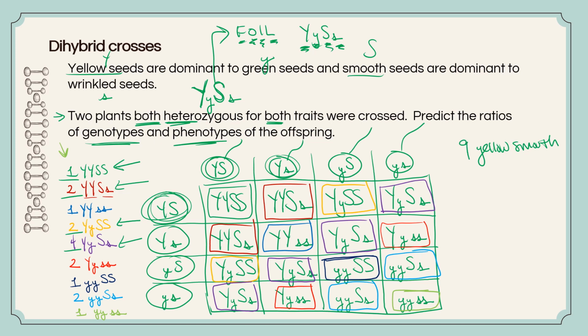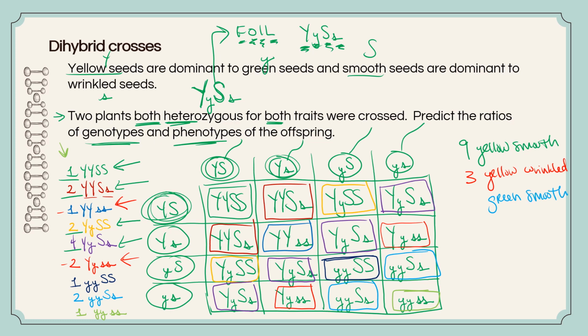Let's figure out how many are going to be dominant yellow, but then recessive wrinkled. So here, dominant yellow wrinkled. This one will be yellow wrinkled. That's it. So 1 plus 2 makes 3 that will be yellow and wrinkled. Let's do the opposite. Let's do green and smooth.